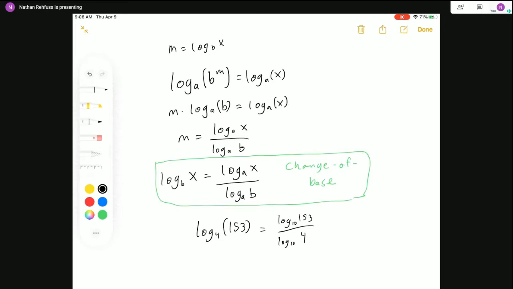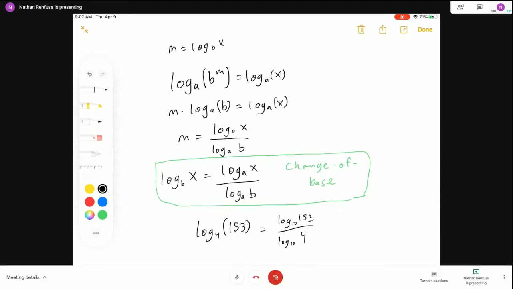So what I'm saying is the log base 4 of 153 is the same as log of 153 divided by log of 4. So we're decomposing a log expression. The argument goes in the numerator, the base goes in the denominator. They both go inside logarithms, but we can pick the base of that new logarithm.